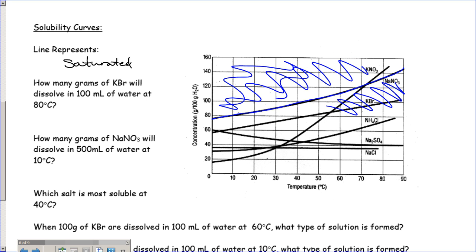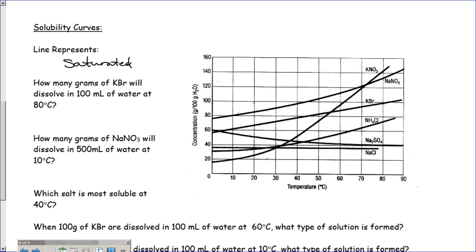Any point that lies below the solubility curve represents an unsaturated solution. And any point that lies on the curve represents a saturated solution. So we can use this to determine how much stuff can dissolve at different temperatures.